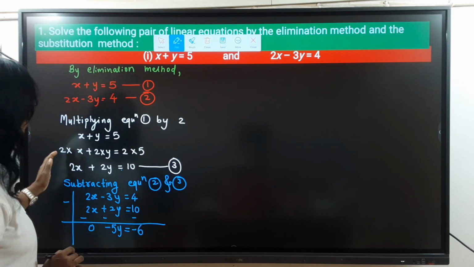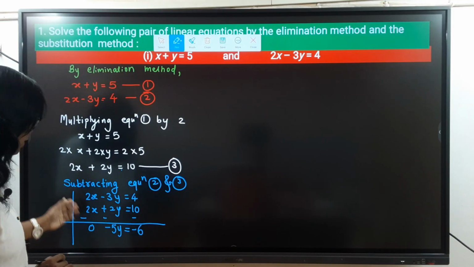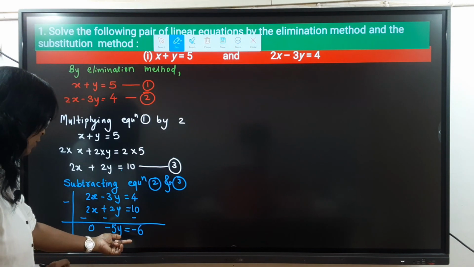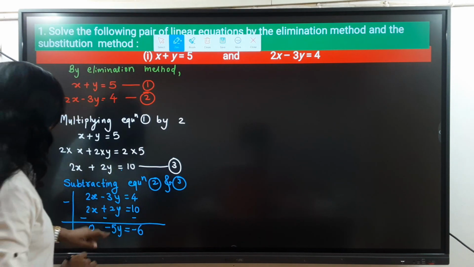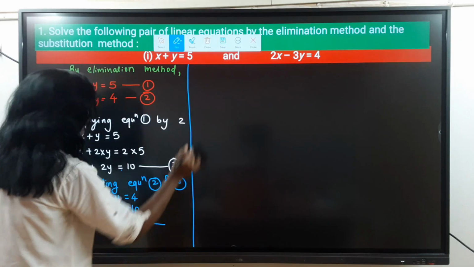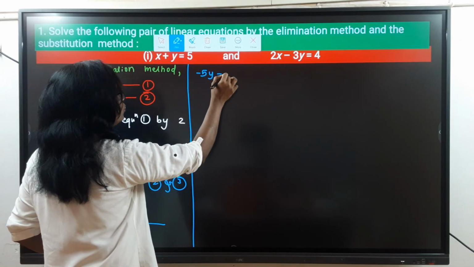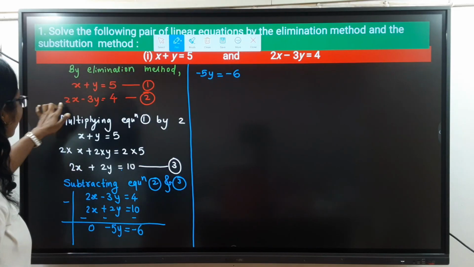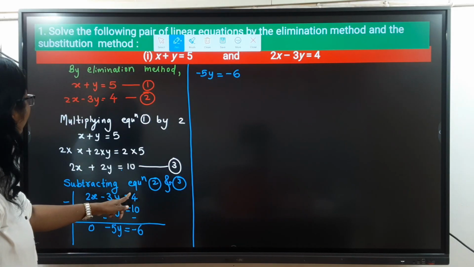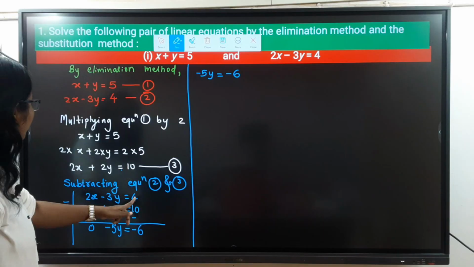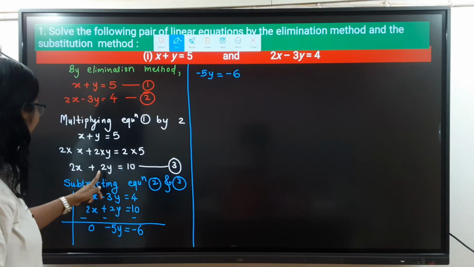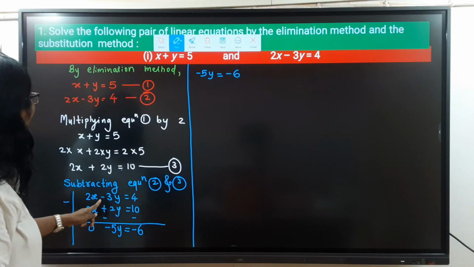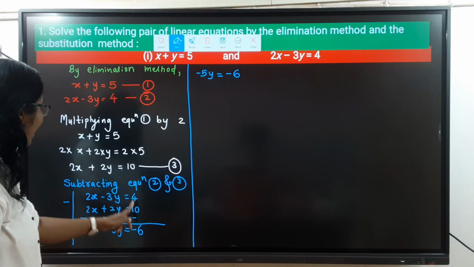So we have minus 5y is equal to minus 6.